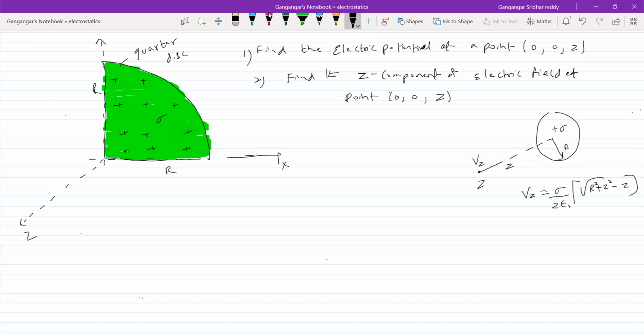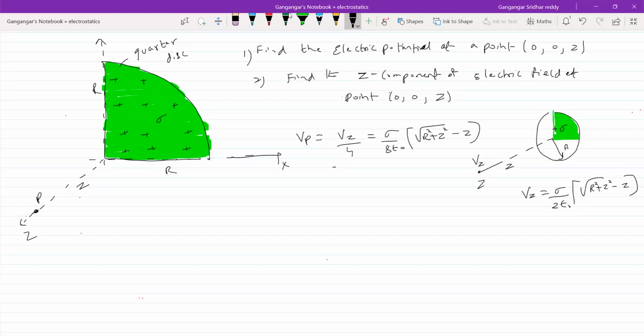So in this problem, potential at point P, at distance z, is Vz by 4, a quarter of this, so this will be sigma by 8 epsilon naught times root of r square plus z square minus z.